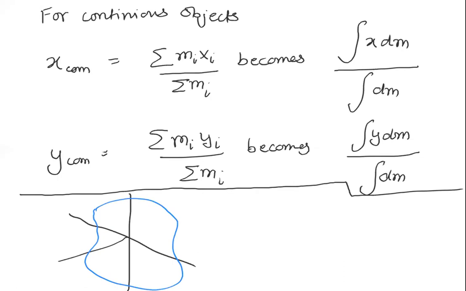But ये जो मैंने blue object बनाया है, it is a three-dimensional lump of material. जैसे आपके घर में आटे को नीड करके रखा जाता है, वैसे ये एक lump of material. इस lump of material में मैंने एक element choose किया इस तरीके से, और इस एलिमेंट का मास dm है, और इस एलिमेंट के जो x, y और z कोऑर्डिनेट्स हैं, they are x, y and z.